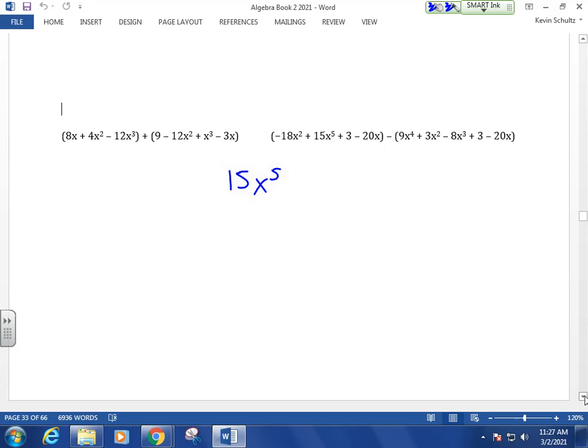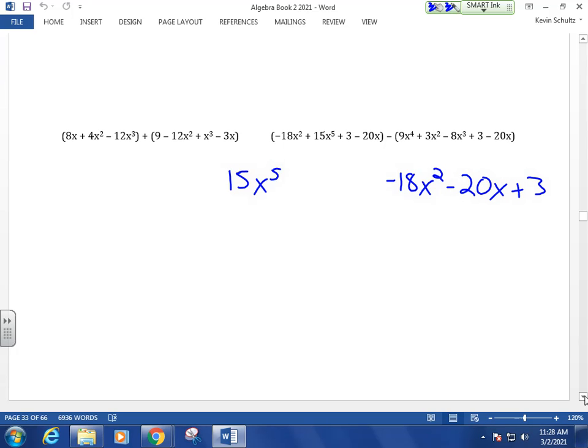I don't have an x cubed, but I do in my second one, so I need to leave a space for that. The next term I'm going to write in my first expression is my negative 18x squared. That's going to be all the way over here, to leave space for an x to the 4th term and an x cubed term that I don't have, but I do in the second one. Then I've got a negative 20x, and I've got a positive 3.